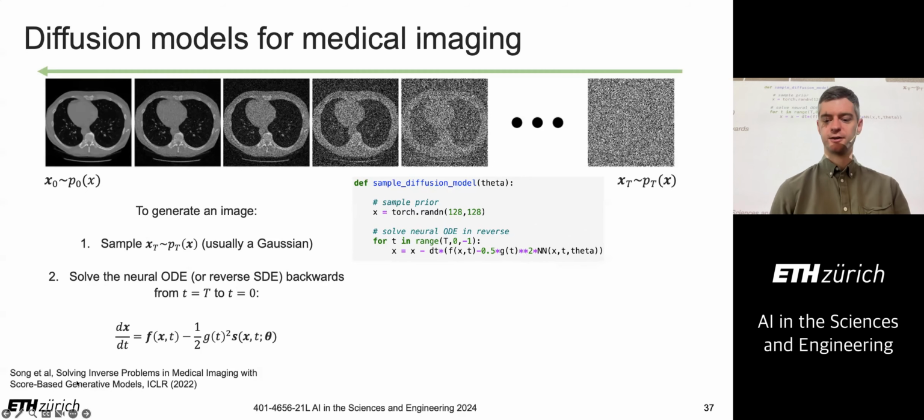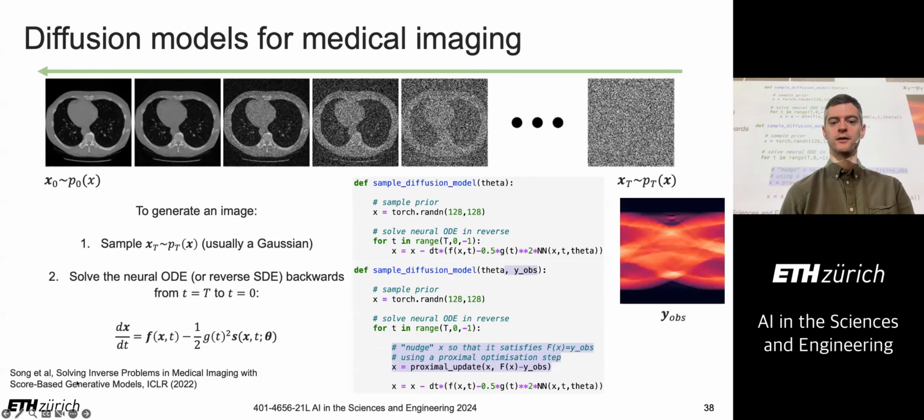So what this paper suggested is doing a very simple extra step inside of that ODE solver. As we solve this ODE, so as we slowly turn this noisy image into the final image, at each time step we add this extra update to the image on top of the update that removes the noise.